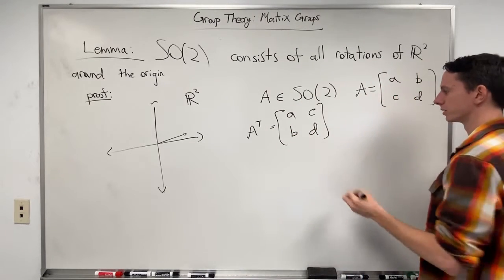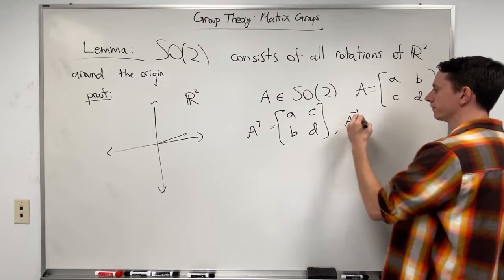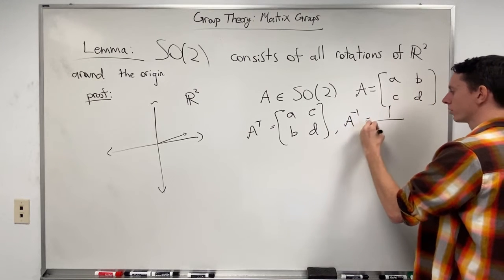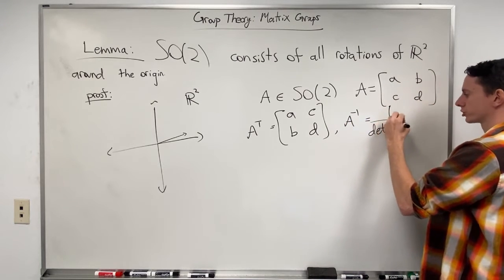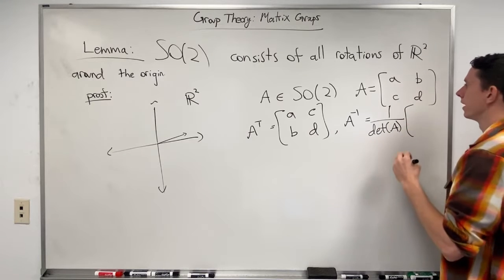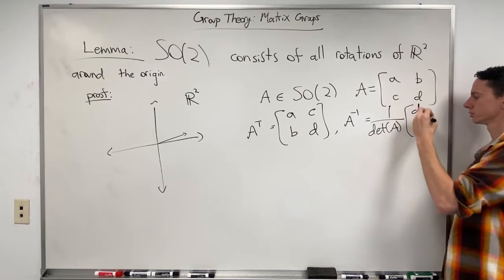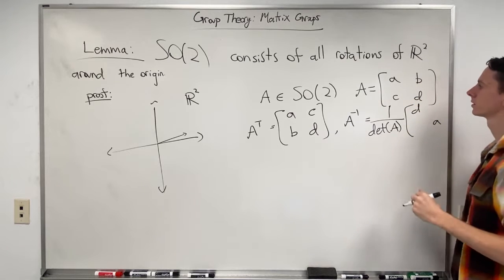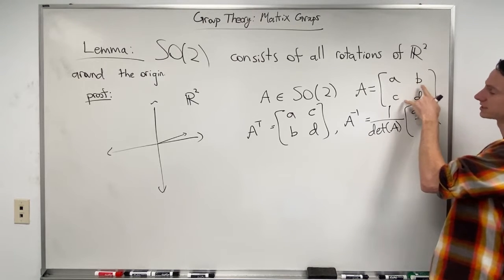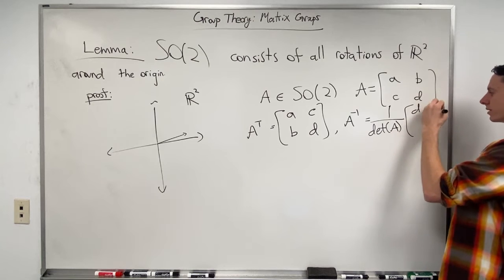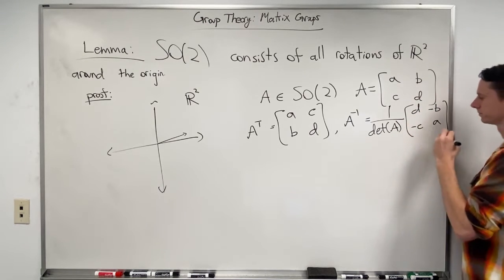So that's A transpose. A inverse is going to be 1 over the determinant of A. And then if you remember, we interchange the elements on the main diagonal, so D and A get swapped. And then we flip the signs of the off diagonal elements, so that then we have minus B and minus C, like this.